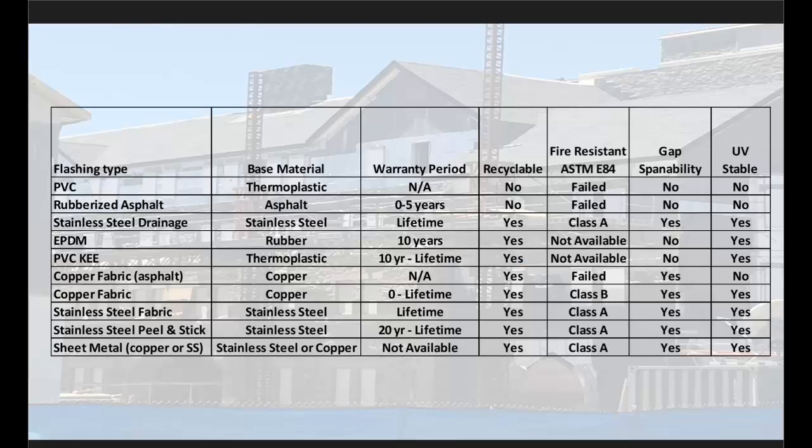To summarize the flashings that we just went through and their performance attributes here, you can see flashing types, the base material. That's basically what the flashing is made up of mostly. That tells you a lot about the warranty. Remember, we're going long term here. It's not a maintenance item.